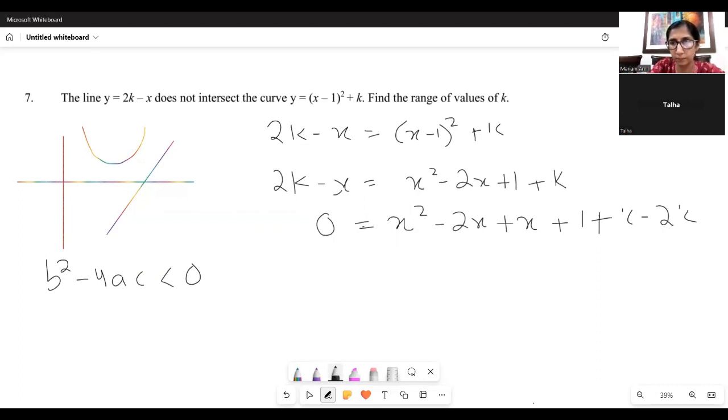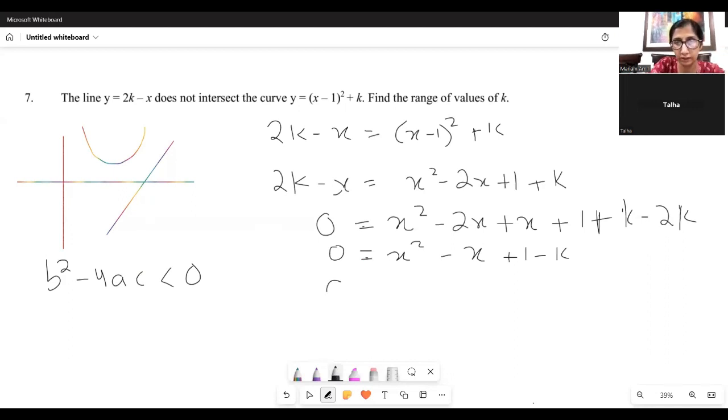So we have 0 equals x square minus x plus 1 minus k.